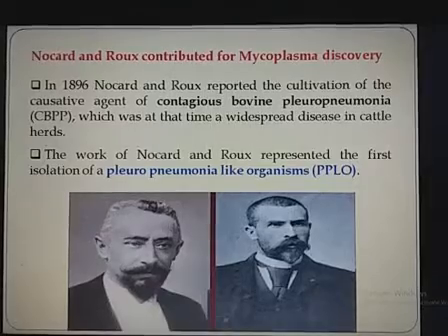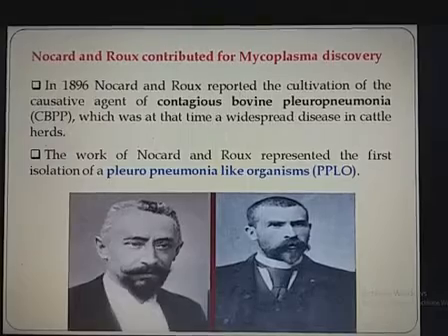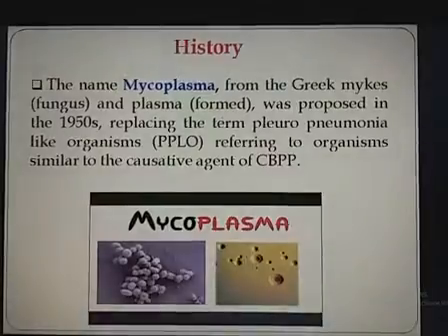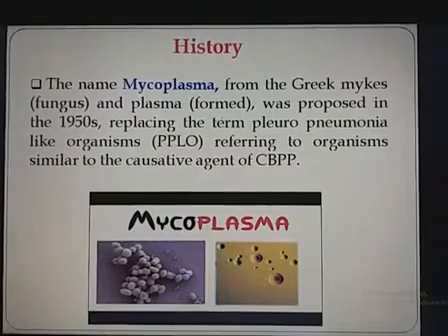So the two scientists represented the first isolation of PPLO, the pleuropneumonia-like organisms. And finally the name mycoplasma was given for those pleuropneumonia-like organisms, which refer to organisms similar to the causative agent, or CBPP.